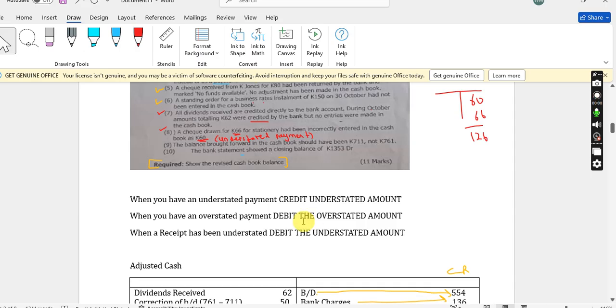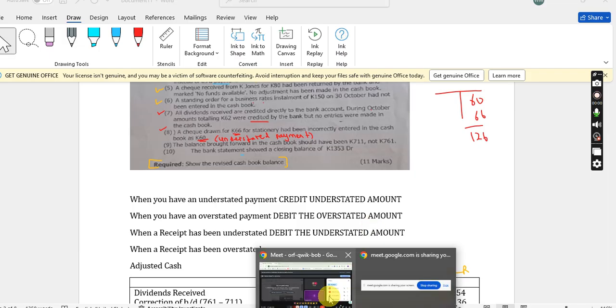What about when a receipt has been overstated? Do you debit the overstated amount?